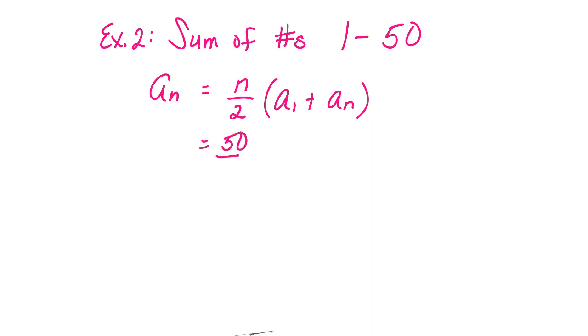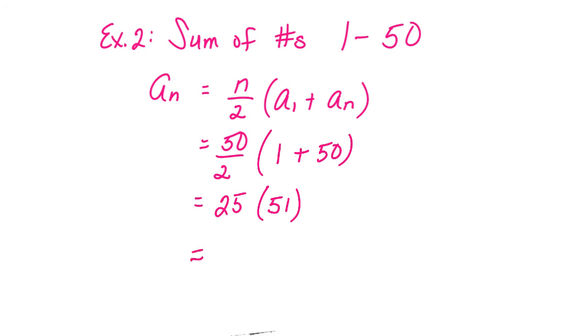There are 50 terms, and we're going to divide that by 2. We're going to take the first plus the last, so it looks like we get 25 times 51. So the answer to this question is 1,275.